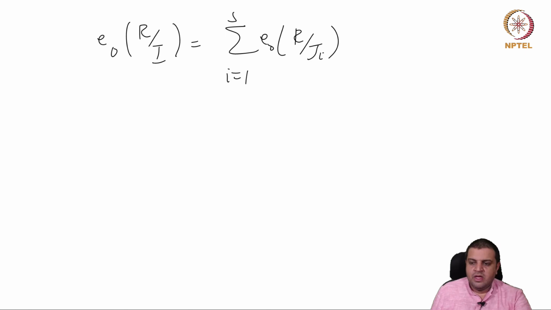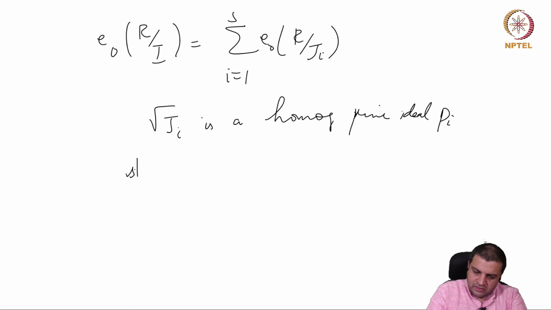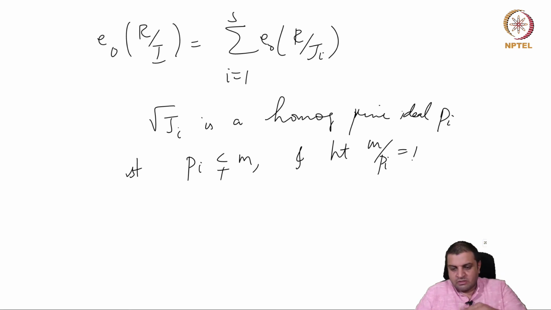Now for each of these, the radical of Ji is a homogeneous prime ideal. Let's say Pi such that Pi is not equal to M and there is nothing in between, and the height of M mod Pi is 1. So this is maximal in that thing.